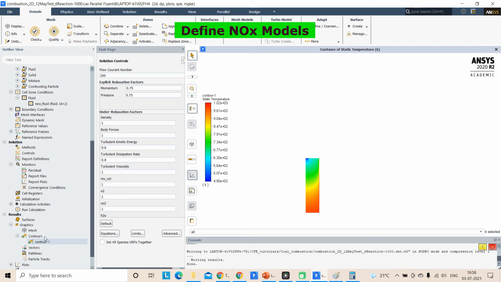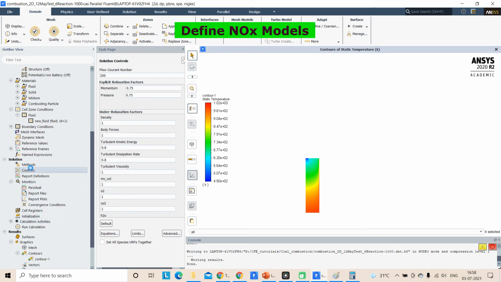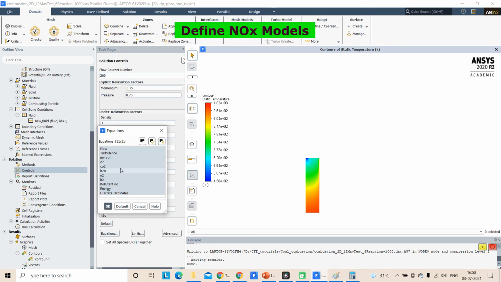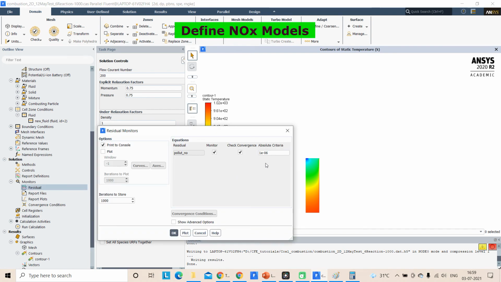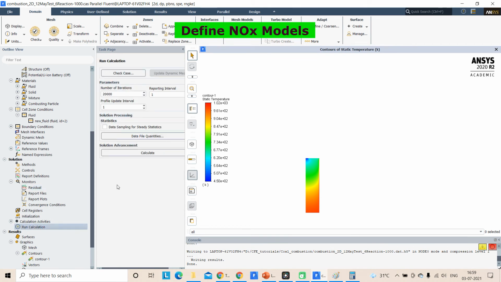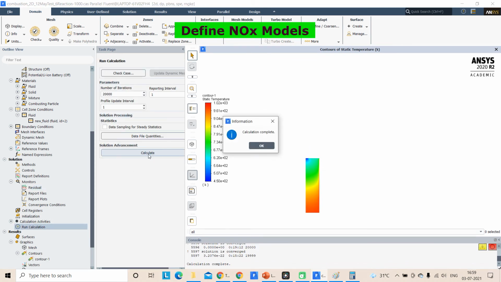And in the control panel, we can decouple the equations apart from the pollutant NOx. Then go to the monitor. In the monitor, you have to check the residual. It should be below 10 to the minus 6. Then solve only NOx. You have to give some iterations.